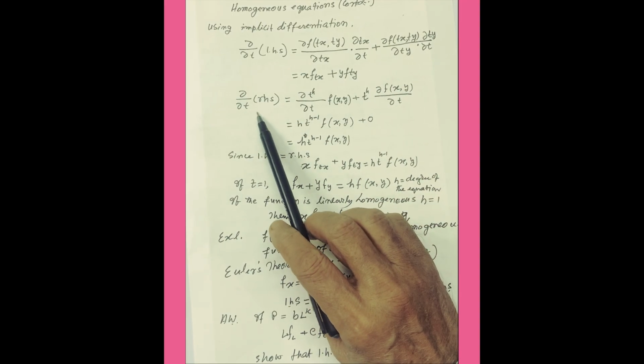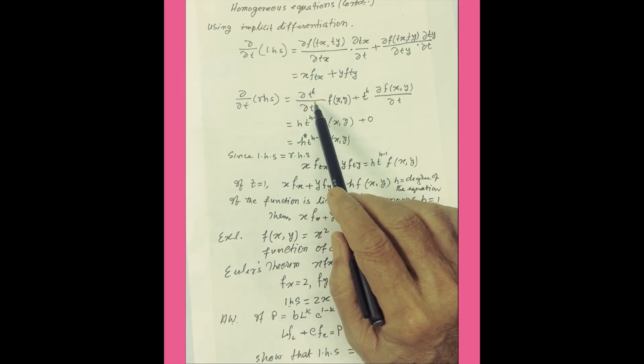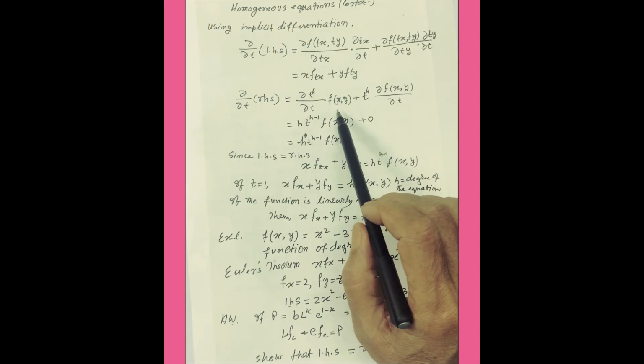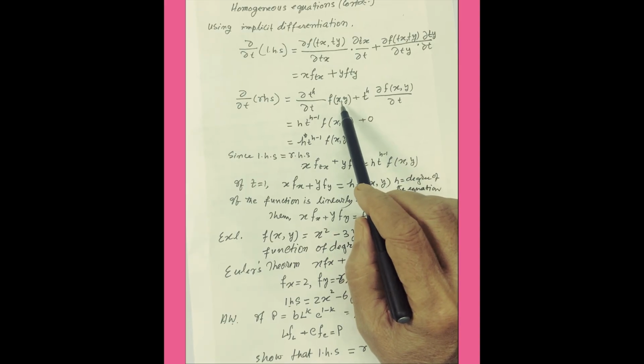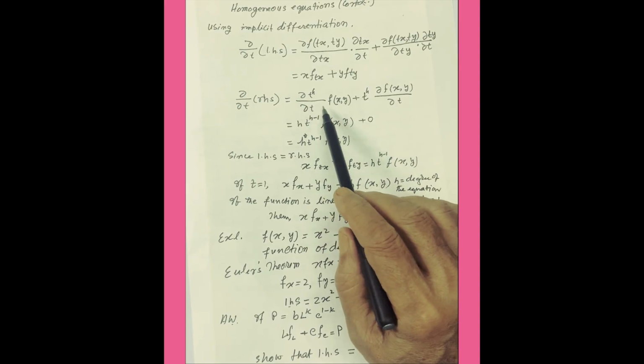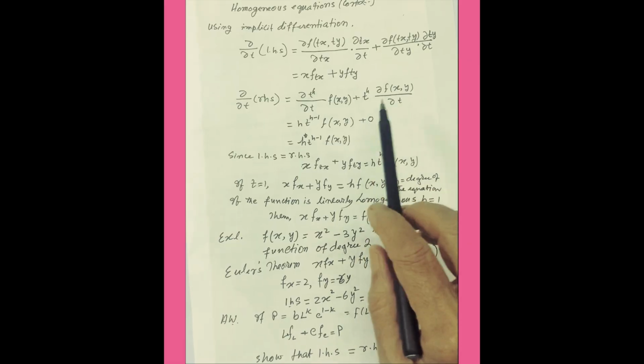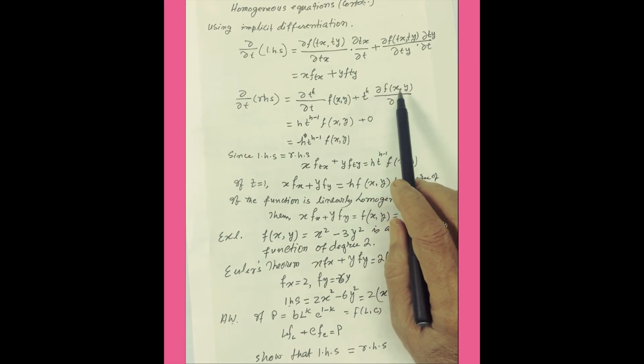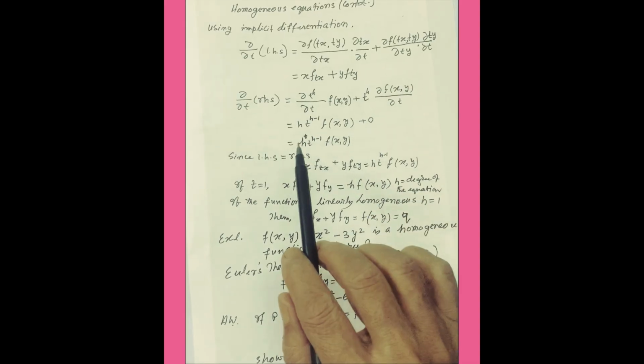Now the right hand side: ∂(t to the power h)/∂t, using the multiplicative rule, is t to the power h into ∂f(x, y)/∂t.